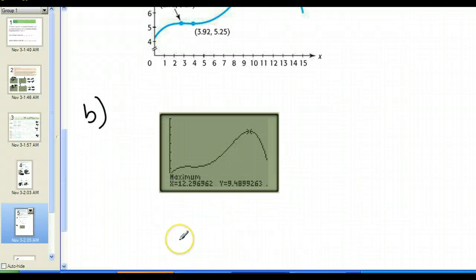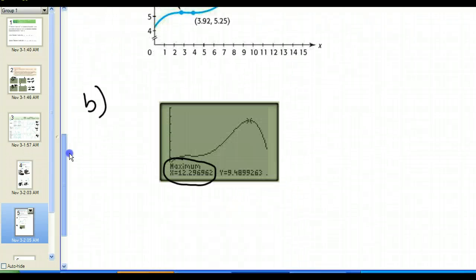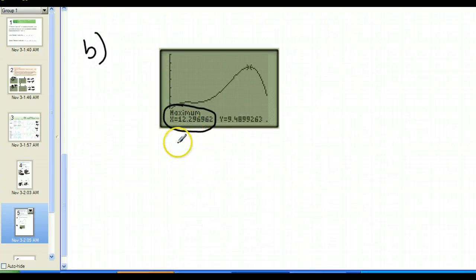Now I went ahead and put that in here. This is our maximum. X is what we're after, because if you look at the way the question's worded, it says approximate the year after 2000. So X is equal to the number of years after 2000, so 12 and some change years after 2000.